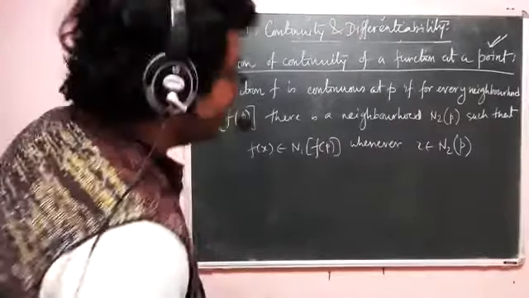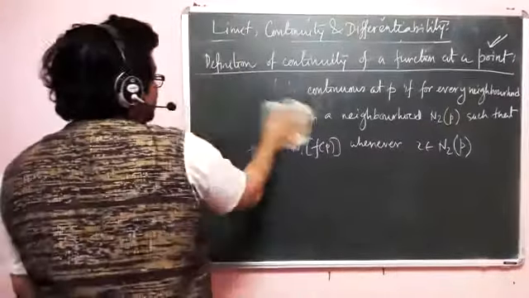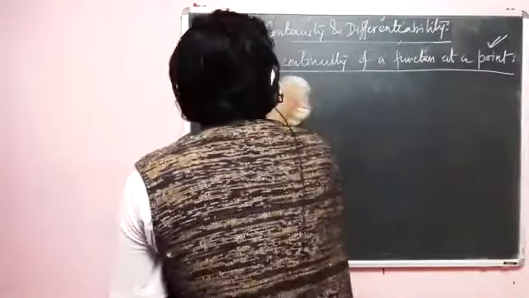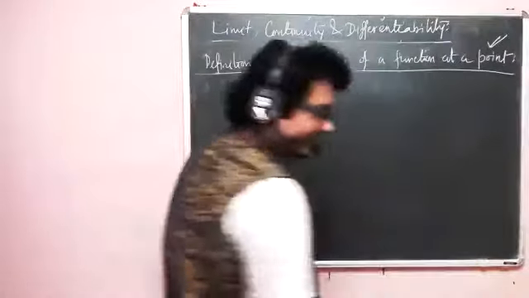So let us look at the third way, which is again the epsilon delta definition of continuity.